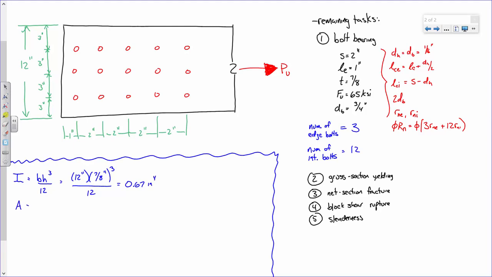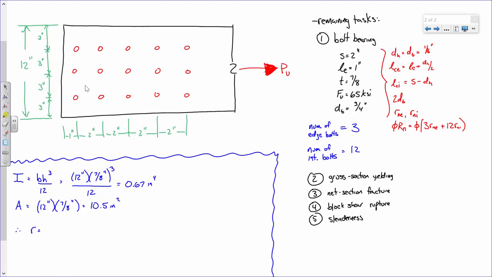The area is just going to be 12 times 7/8. So what is that? 10.5? 10.5 inches squared.